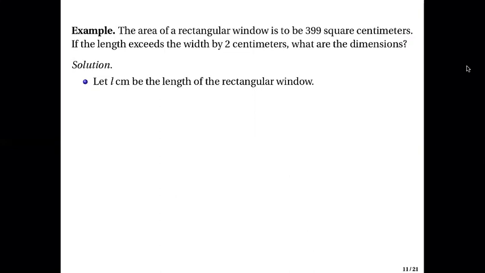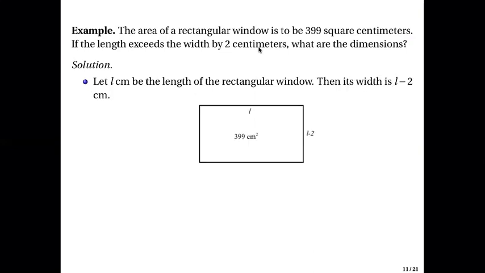Let us present the variables. So we want to find the dimensions, so we have to give variables to the dimensions. We let L centimeters be the length of the rectangular window. Okay? The length exceeds the width by 2 centimeters.